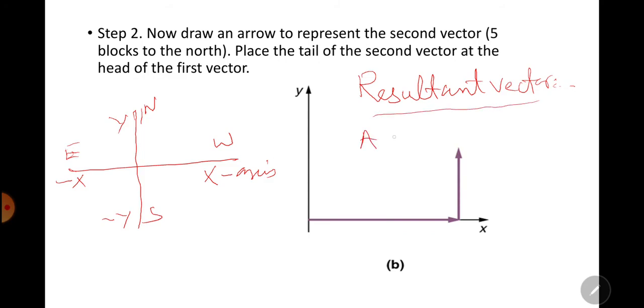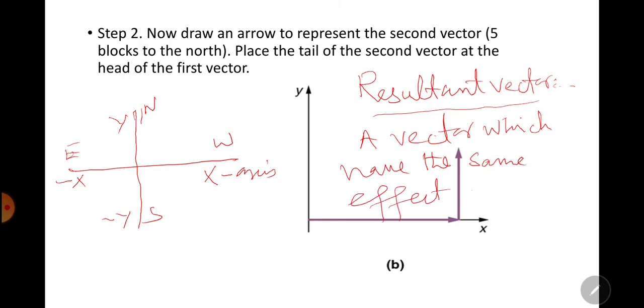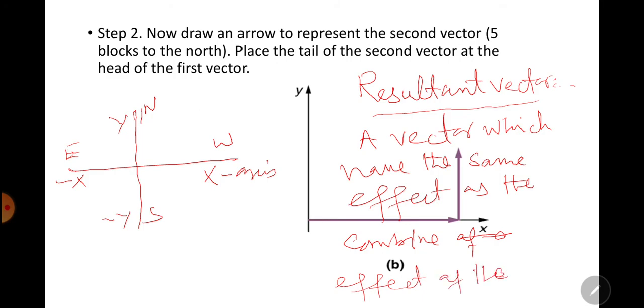A vector which has the same effect as the combined effect of all the vectors is called a resultant vector.